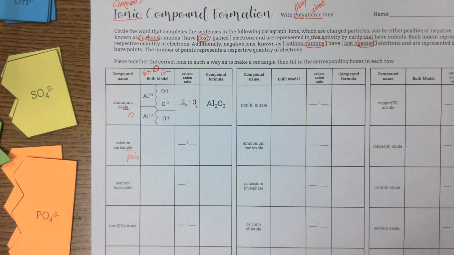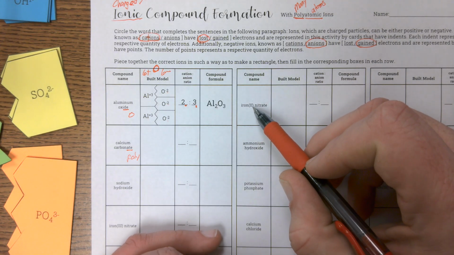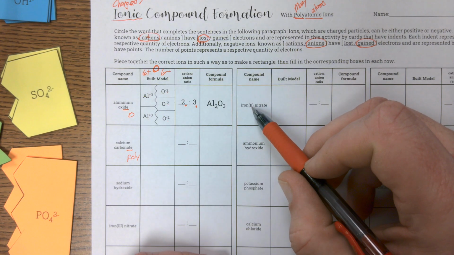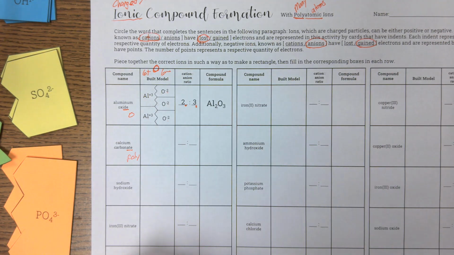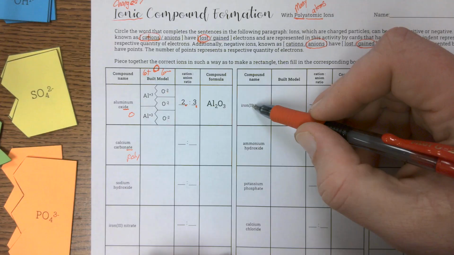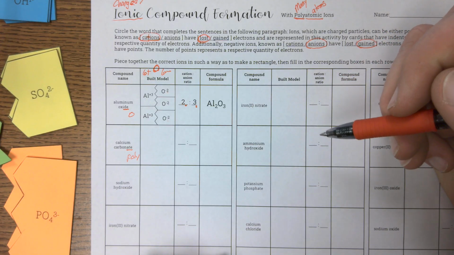All right, for this next one, we're going across, we're going to do iron. These Roman numerals tell you which iron it is. Some metals specifically have multiple ions they can make. And so this little 2 tells you which one it is.